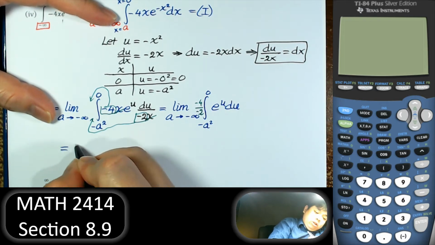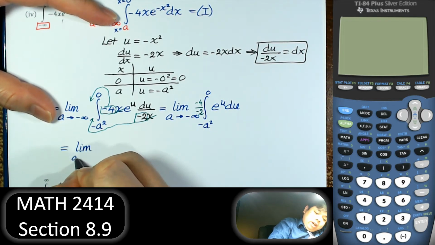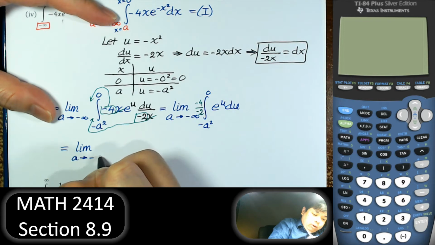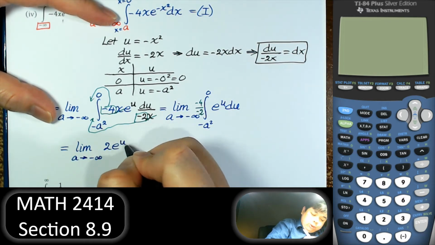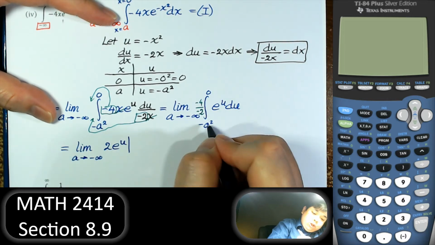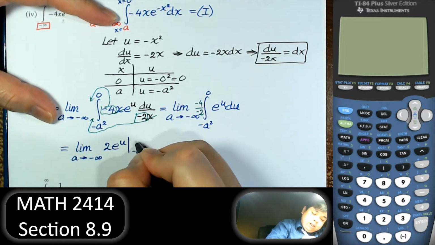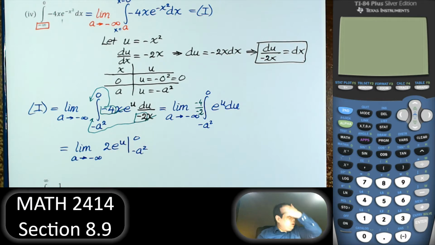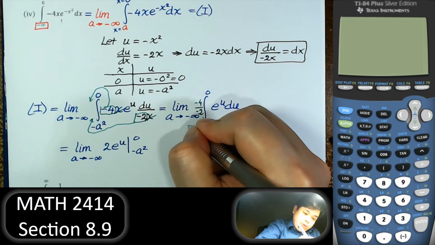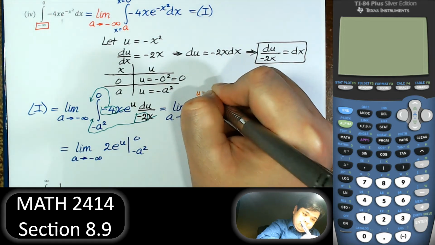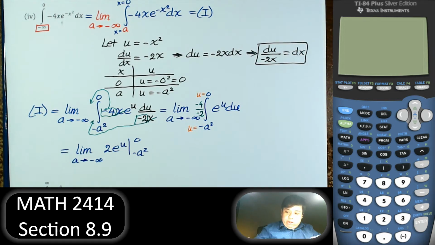So bottom line is we have the limit as a goes to negative infinity of 2 times the integral of e to the u, and u goes from negative a squared to 0. Note that those are the limits for u. So I'm just going to substitute in for u.